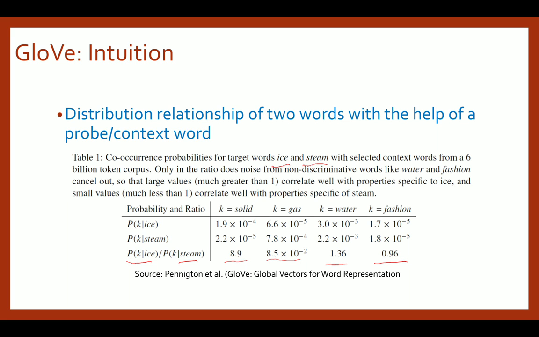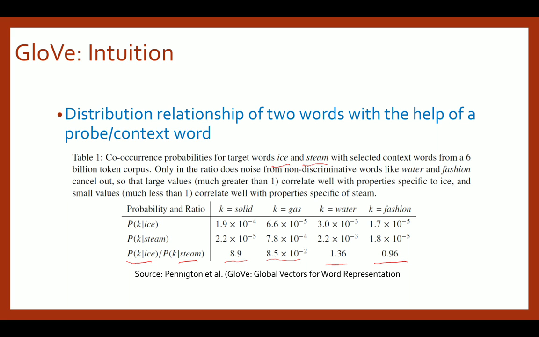The solid says that this word is more related to the target word ice. The gas says that this word is more related to steam. And if something is not related to any of these words, then those values are very close to 1. So what do we see here?